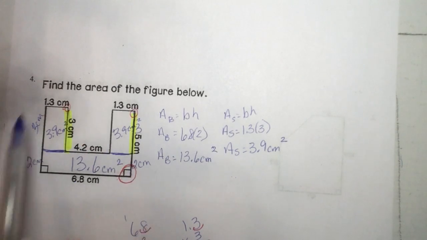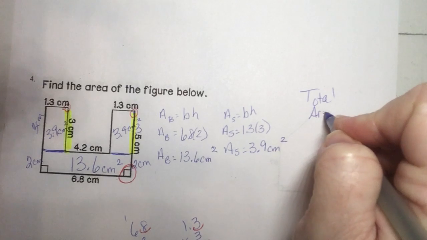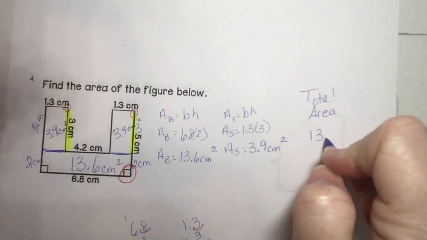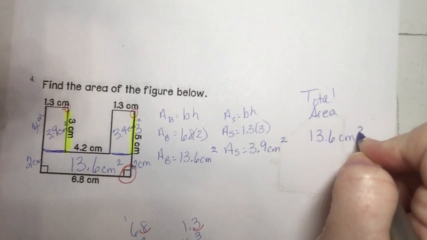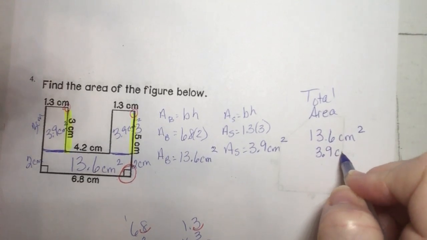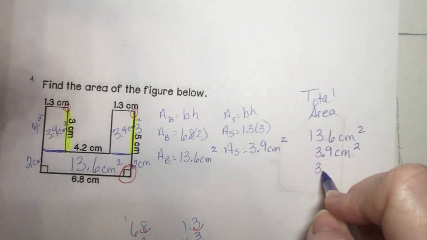So to find the total area, we're going to have to take all of those and add them up. Remember to line up your place value, or line up your decimal so that your place value stays lined up.